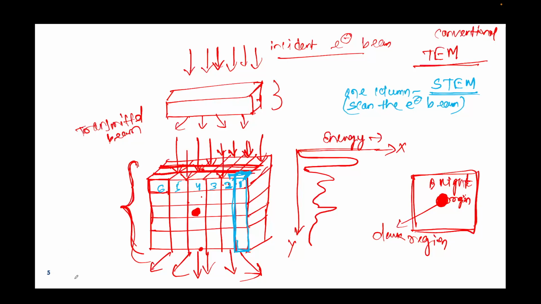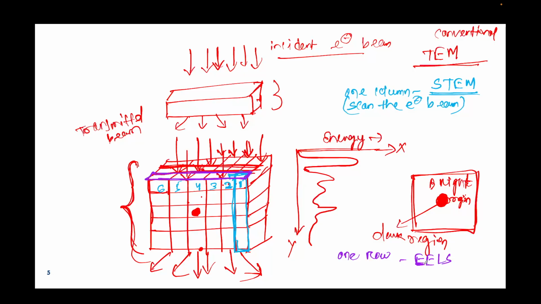Similarly, I considered one column. Now if I consider one row of atoms, that means I want to gather information at a particular height, about one row of atoms. How will I gather the information about that row of atoms? I will use a spectroscopy technique called EELS.